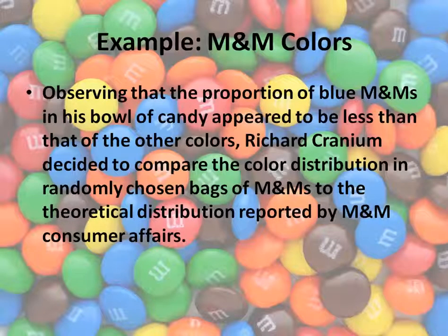Example, M&M colors. Observing that the proportion of blue M&Ms in his bowl of candy appeared to be less than that of the other colors, Richard Cranium decided to compare the color distribution in three randomly chosen bags of M&Ms to the theoretical distribution reported by M&M Consumer Affairs.